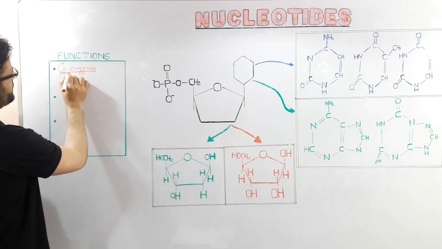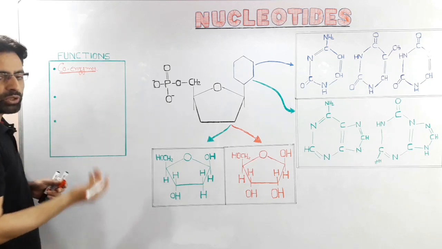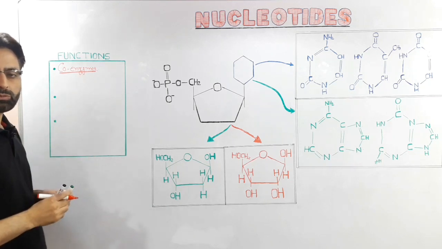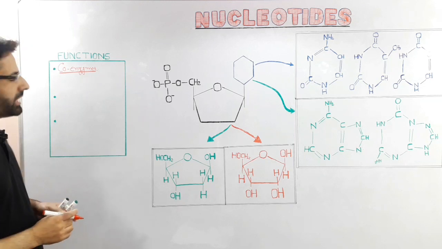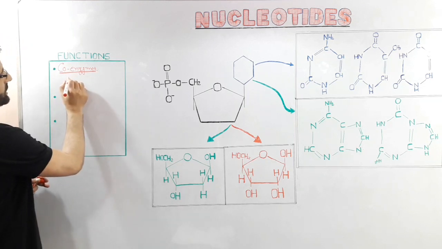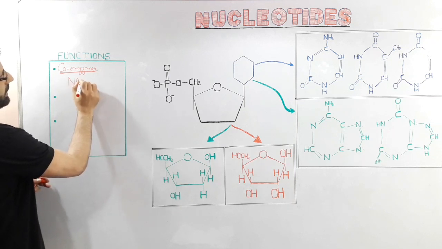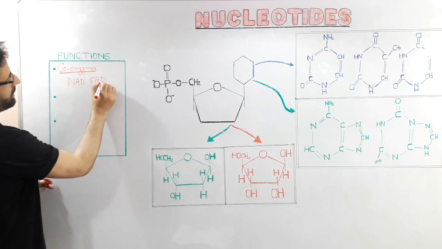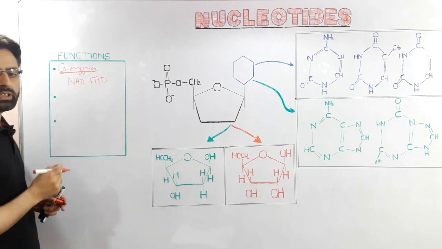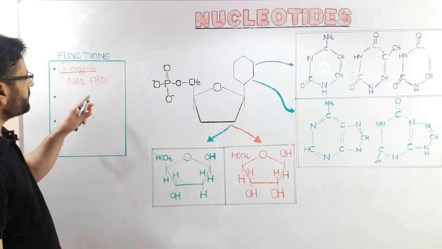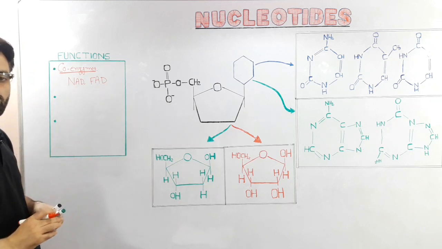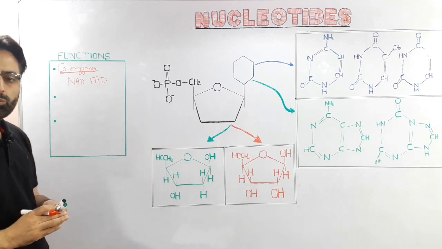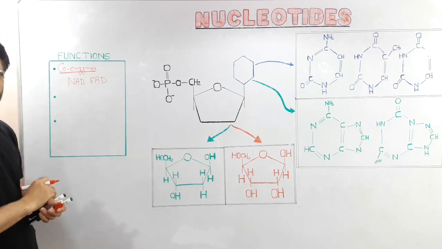As you know, coenzymes are organic molecules associated with enzymes, and these are very essential for the activity of these enzymes. The nucleotide molecules acting as a component of these coenzymes are NAD and FAD, nicotinamide adenine dinucleotide and flavin adenine dinucleotide. These nucleotide molecules are essential components of these coenzymes.